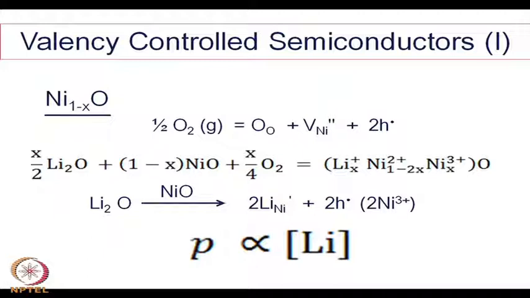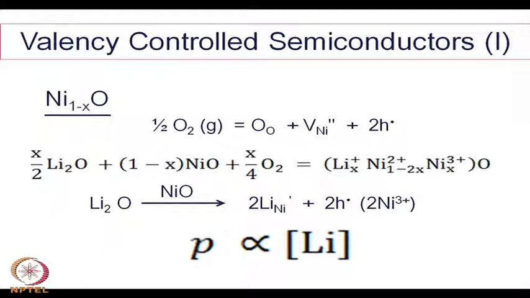Just like in elemental semiconductors, germanium and silicon, if you add some donor doping or acceptor doping, you do get enhanced conductivity as well as a changeover from intrinsic conductor to either p type or n type, depending on the type of the impurity you add.